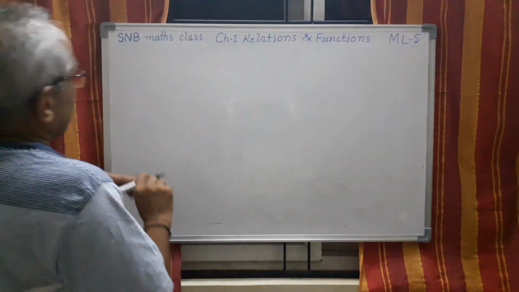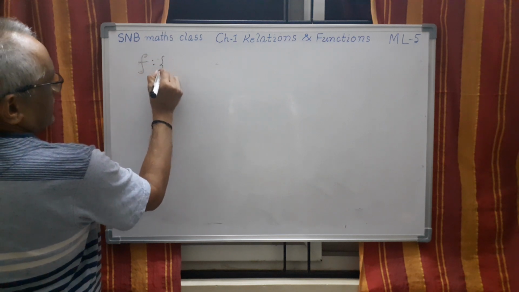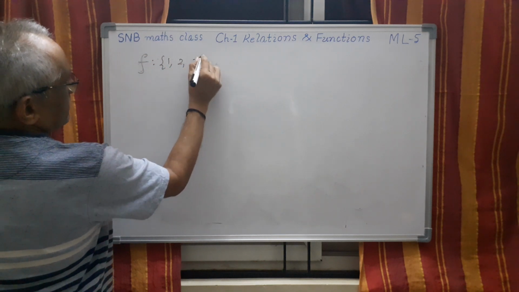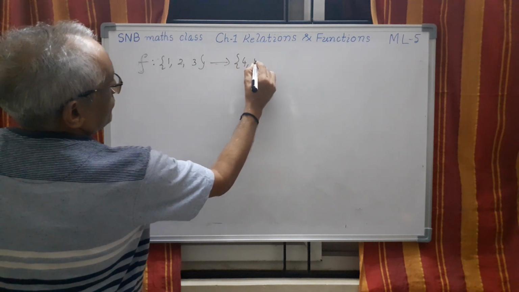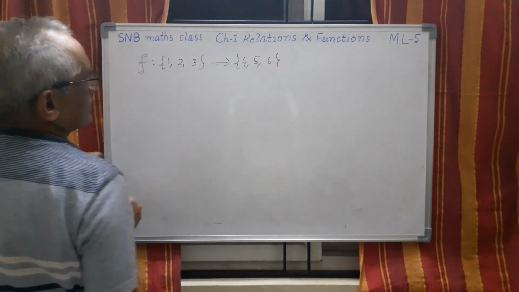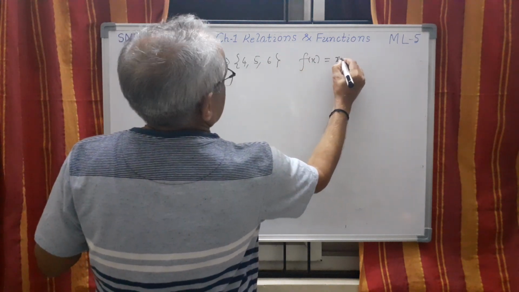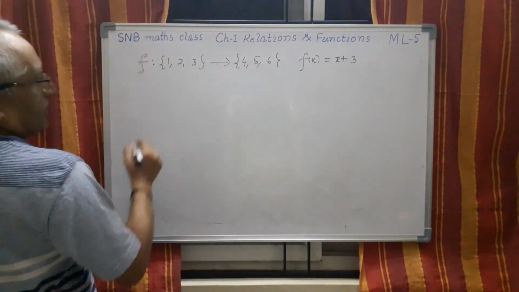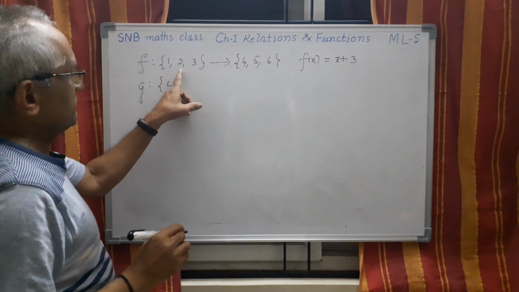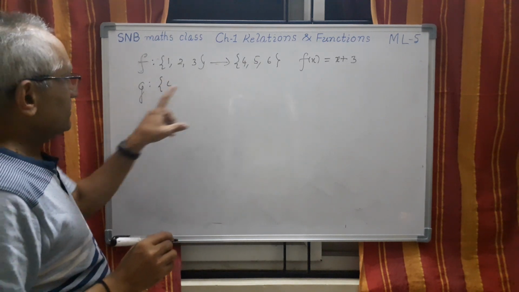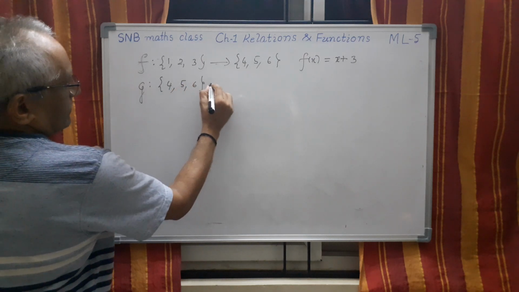Say f is a function from, let us say, 1, 2, 3 to 4, 5, 6, defined by f of x equal to x plus 3, and g is a function from, the condition is, if this is the codomain, g should have 4, 5, 6 as the domain.